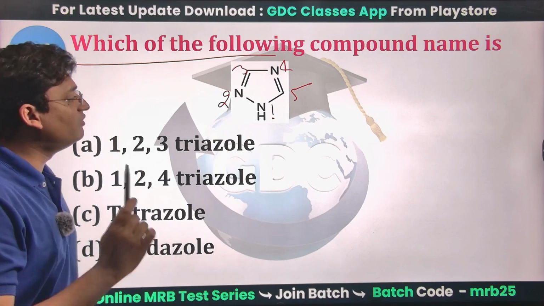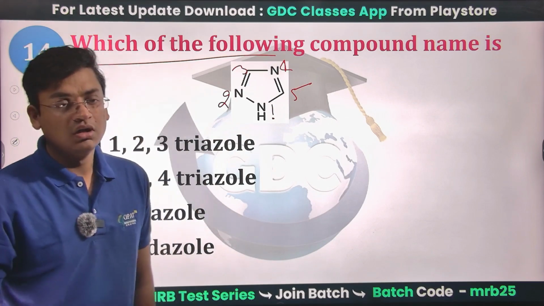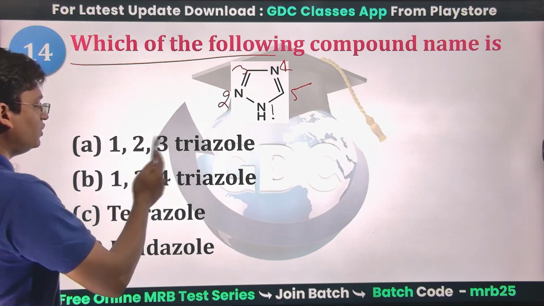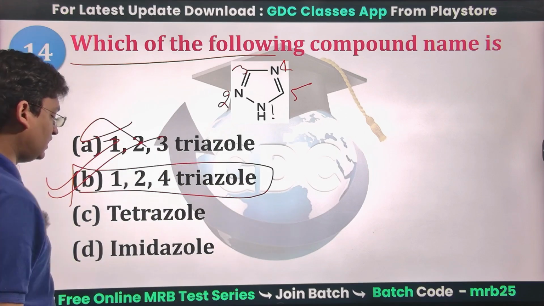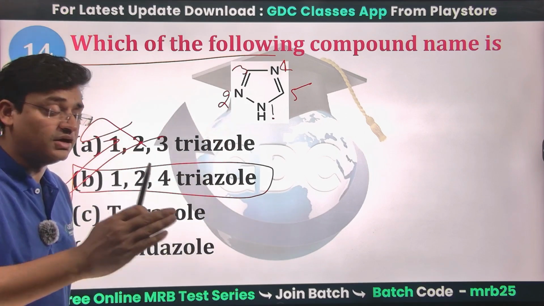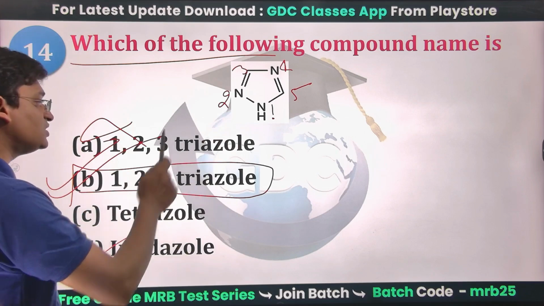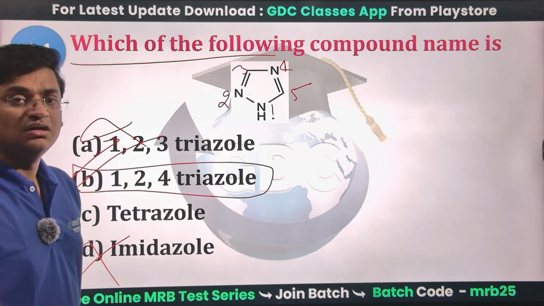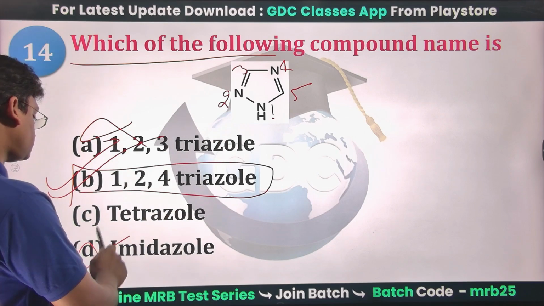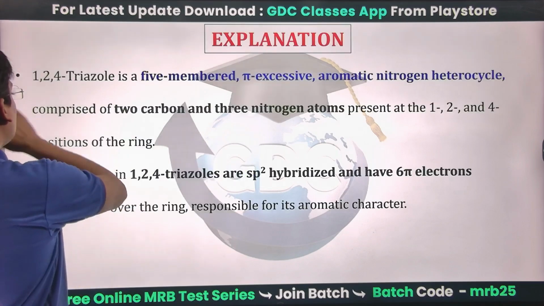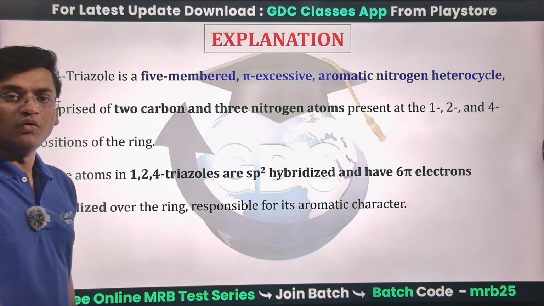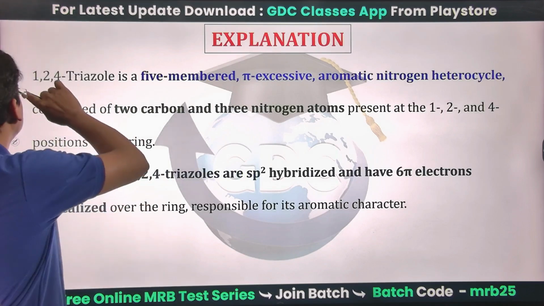So we are having a 1, 2, 4 triazole. 1, 2, 3, not at all. 1, 2, 4 triazole, yes, that's correct. Tetrazole, no. It is having only 3 nitrogens. So triazole. It's not imidazole. Imidazole is having 1, 3 nitrogens only. So B will be the right answer. That is 1, 2, 4 triazole.